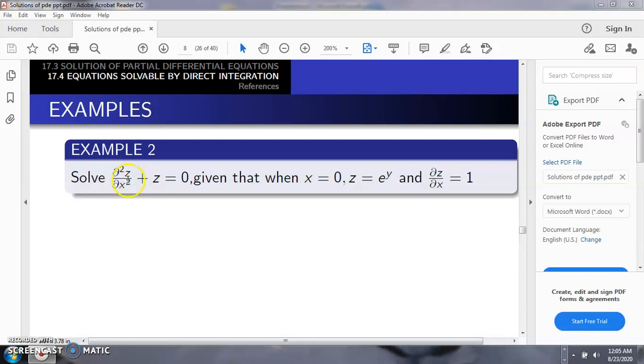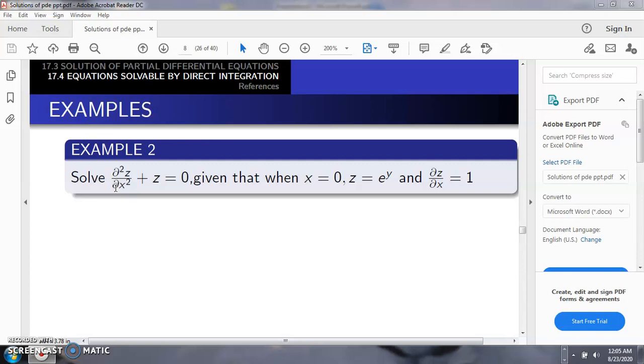We consider this kind of problem if the equation does not contain the partial derivative with respect to y. In that case, first we consider z as a function of x alone.